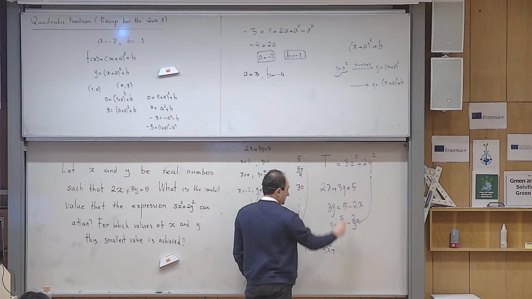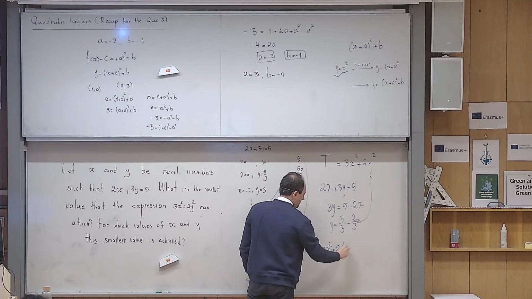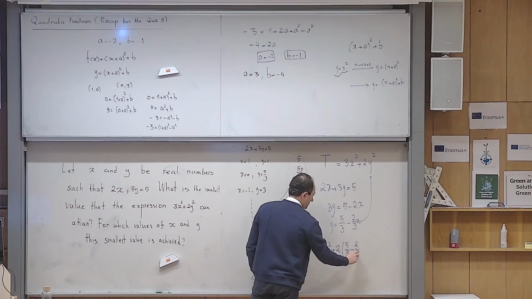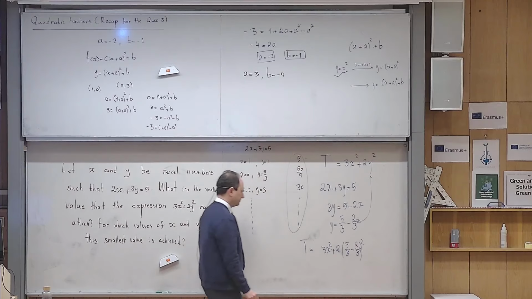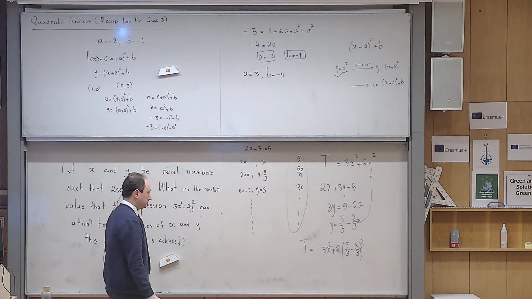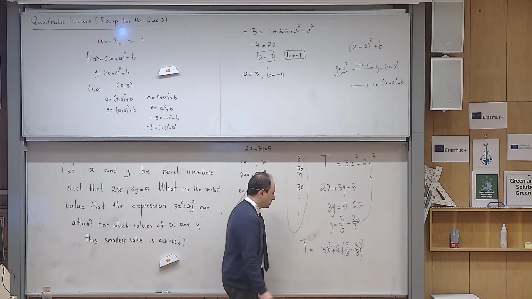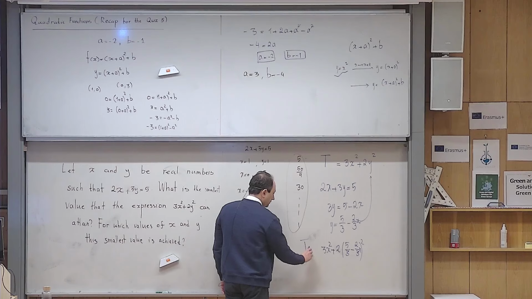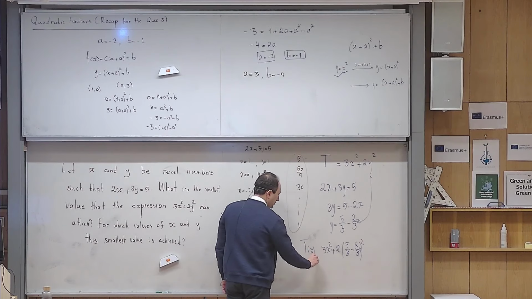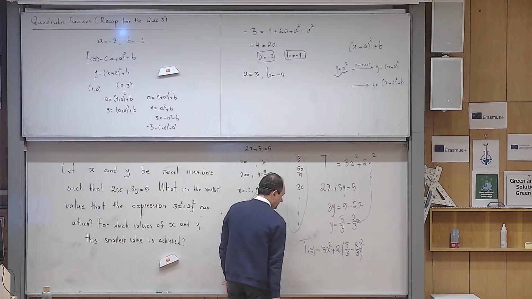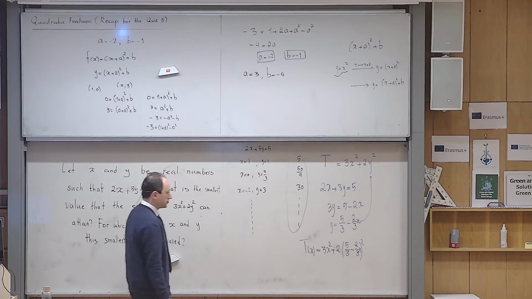And then I put that here, I have a 2, then I have 5 over 3 minus 2 over 3 x, to the power of 2. But now, if I tell you what is this, you will tell me this is a function which depends only on x. So I am on the safe side. I can write t of x.